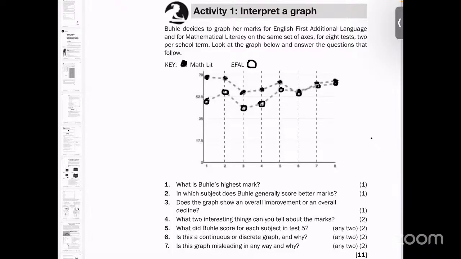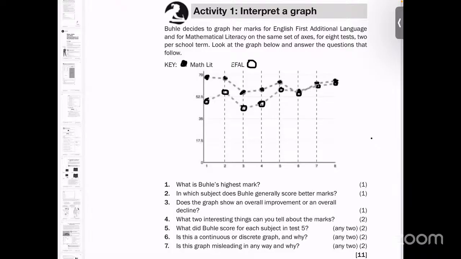Okay. It looks like you might need to have a look at those two graphs and try to compare.